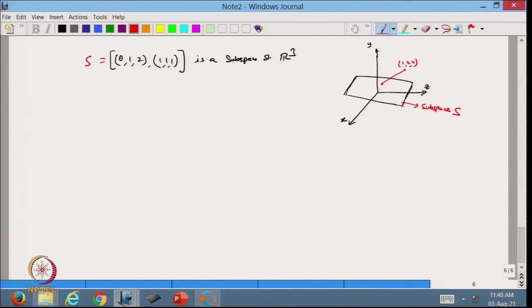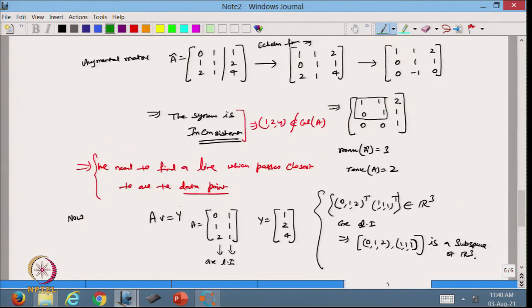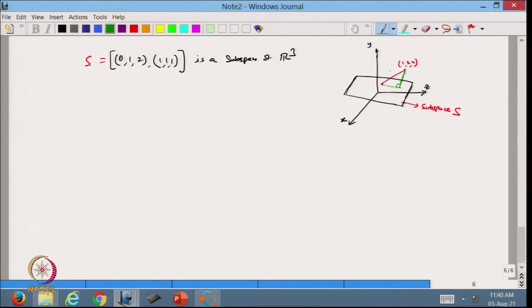So, what we are going to do now is take the projection of this vector over this plane, so that this is a right angle. Suppose I have a system Ax is equal to y, and this is my y.